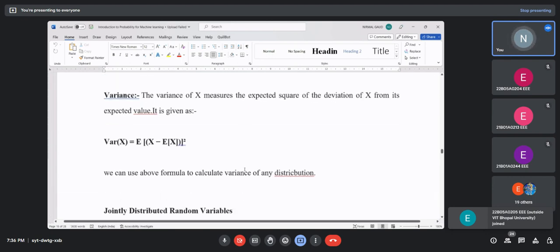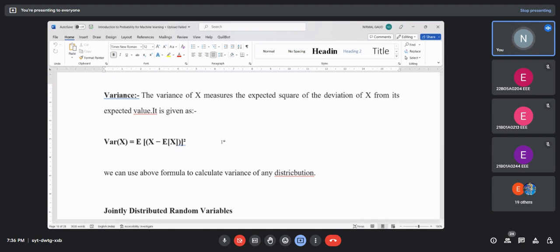Now, variance. What does variance mean? Important. The variance of X measures the expected square of the deviation of X from its expected value. So variance is the deviation. Remember, standard deviation and variance are very important terms in statistics. X is your random variable.